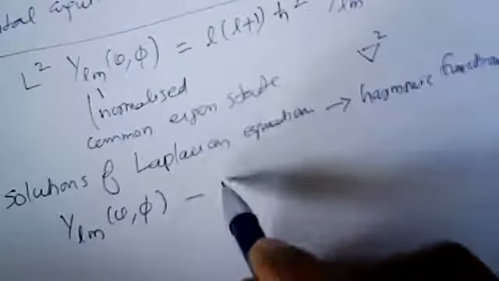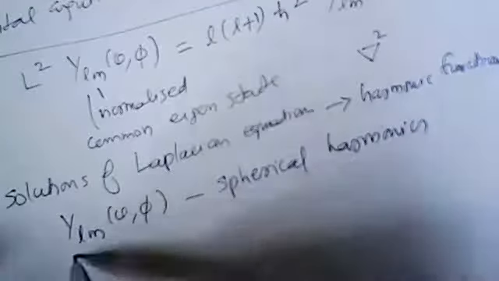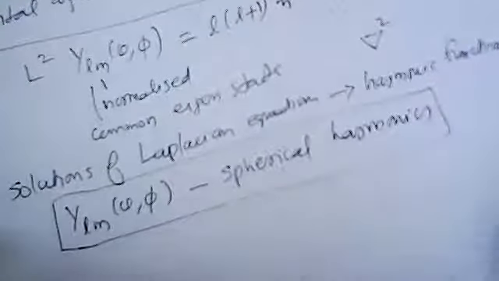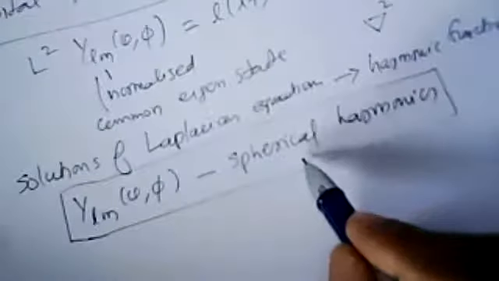So that YLM theta phi we call it as spherical harmonics. That is an important name, spherical harmonics. YLM theta phi is known as spherical harmonics. What is spherical harmonics?